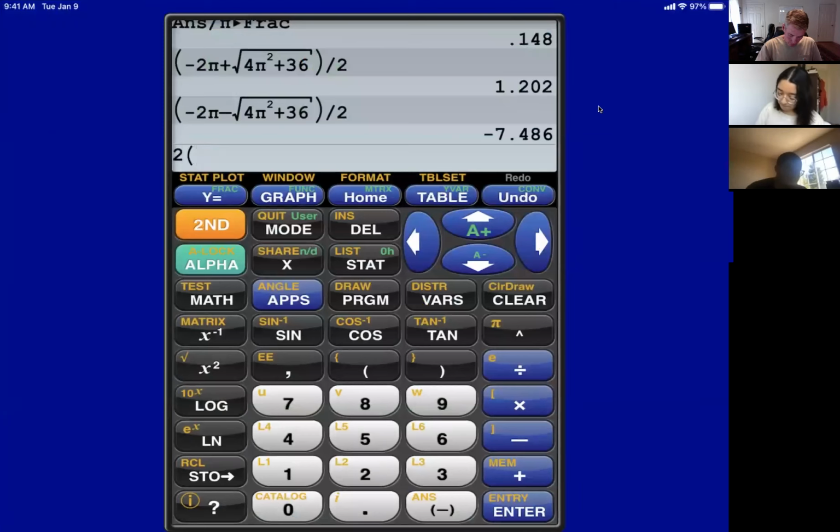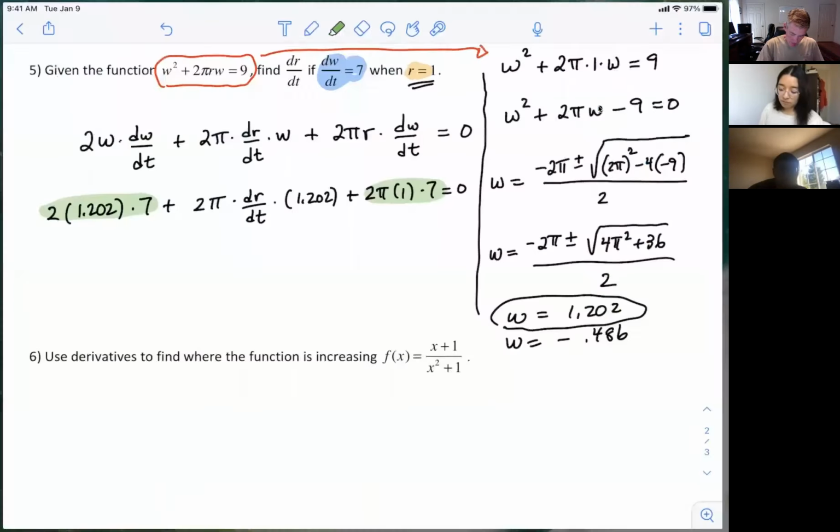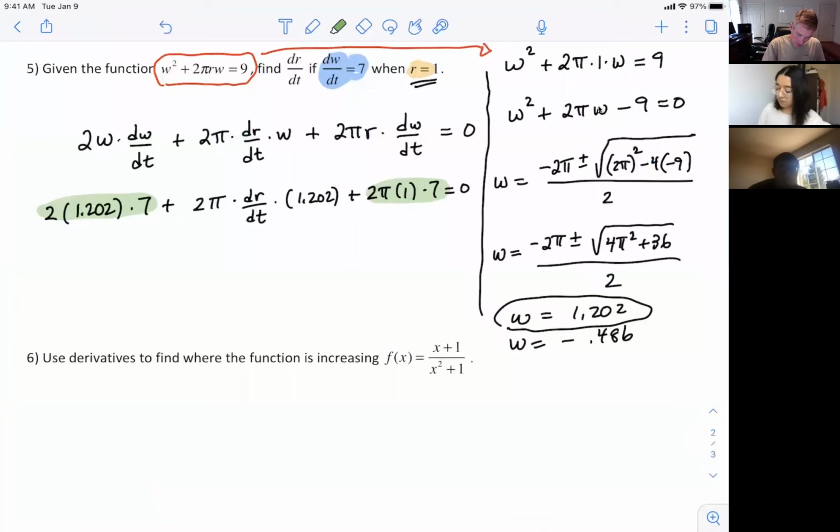So 2 times 1.202 times 7 plus 2 pi times 7 times 7, a 60.81. So since that equals 60.81, I could then subtract 60.81 from both sides. So it's going to equal negative 60.81.